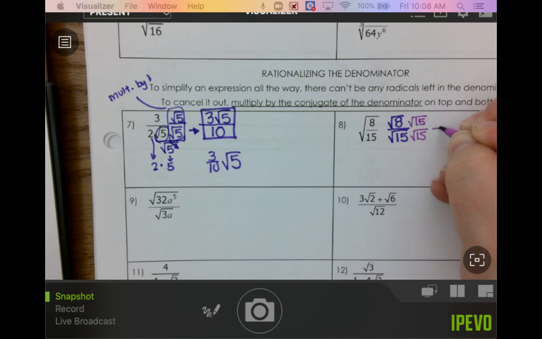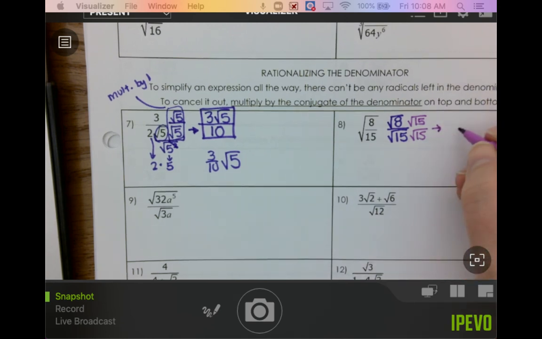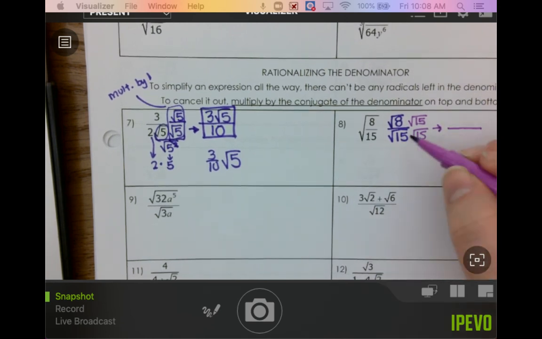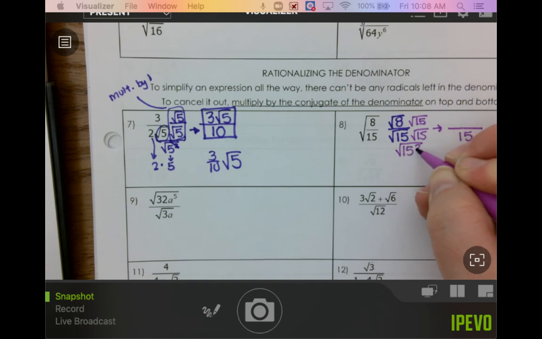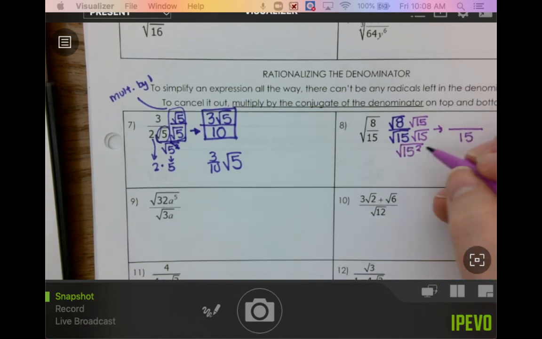The reason why is because now the square root of 15 times the square root of 15, when you multiply a square root by itself, the square root goes away, because that would be the square root of 15 squared. And a power of 2 cancels the square root.